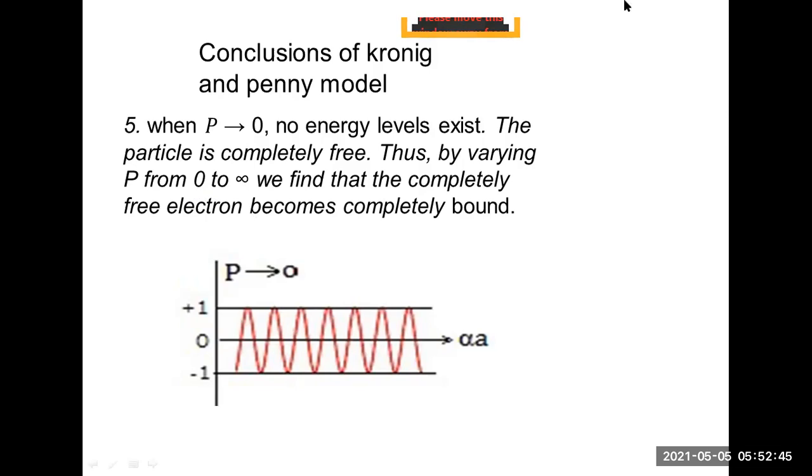When the strength of the potential barrier is reaching infinity, the free electron becomes a completely bounded electron. So if you change the value of P from 0 to infinity, the free movement of the electron is curbed, and that electron now will be isolated.